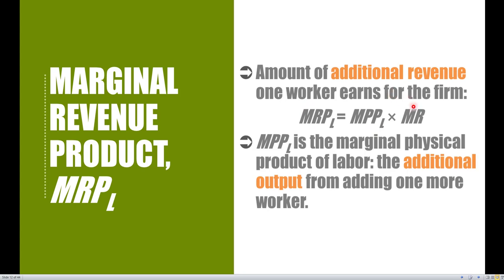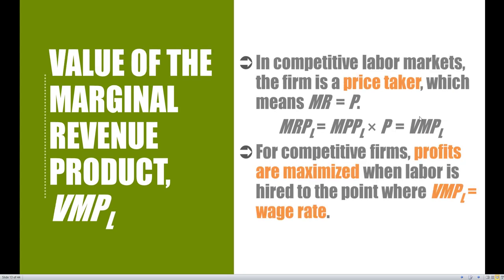However, when we substitute price in for the marginal revenue, and we can do that absolutely because marginal revenue is equal to price in competitive labor markets, we get a term known as the value of the marginal revenue product of labor. And that's just going to be another way for us to know MRPL. So MRPL, the marginal revenue product of labor, is exactly the same as VMPL, the value of marginal product of labor.